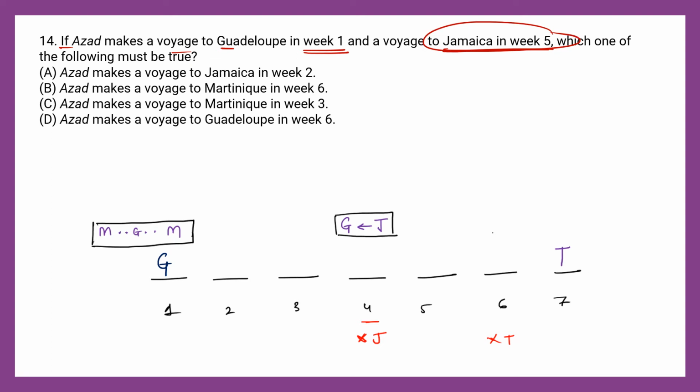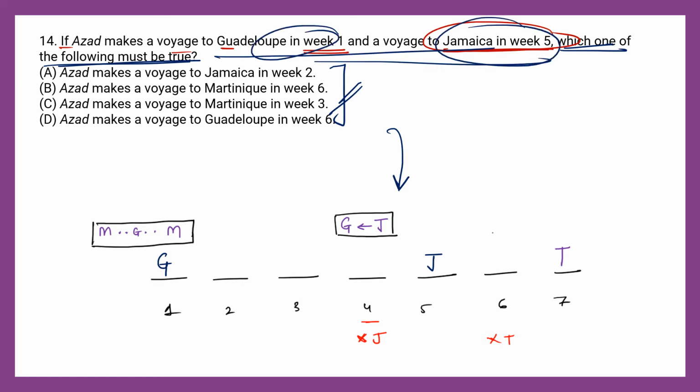Let me write that down as well. So you have J in week 5. Then which one of the following must be true? Now, before you look at the options, we'll spend some time seeing what can be done when we have these two additional rules, so to speak.